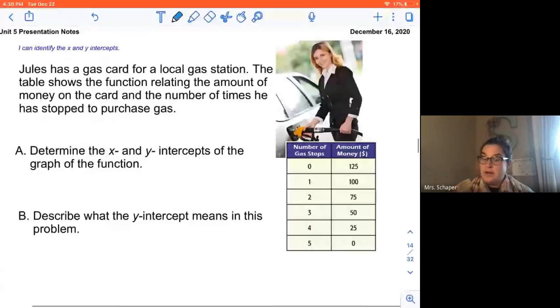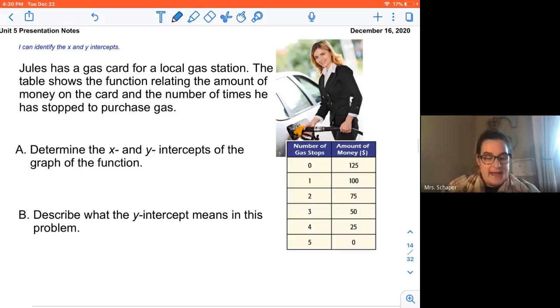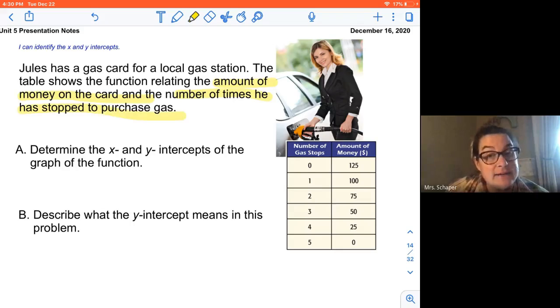Let's try another one. Jules has a gas card for a local gas station. The table shows the function relating the amount of money on the card and the number of times she stopped to purchase gas. Okay, so we have to determine the x and y intercepts. So again, I want to find the zeros. That's going to help me figure out my intercepts.